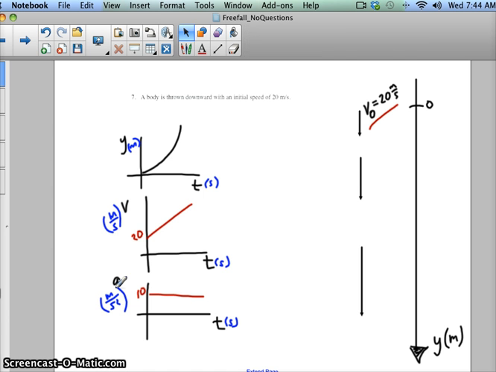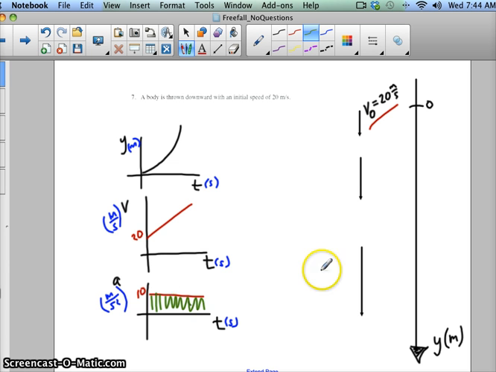And then I suppose I could take this area, and that's 10 times t. That must be my change in velocity. And this area here is now not a triangle. And that's what makes this group of problems much harder.